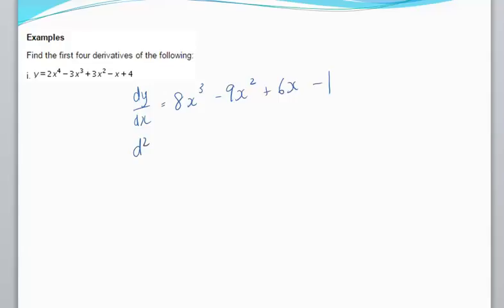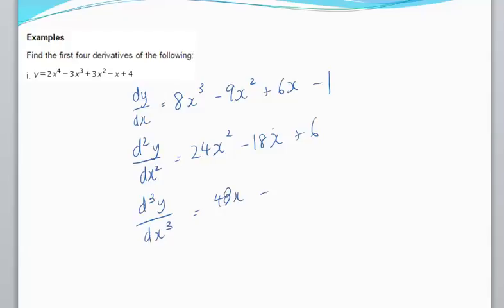Then our next derivative, we're going to end up with 24x squared minus 18x plus 6. And we're just following the same process again and again. So we end up with 48x minus 18, and our fourth derivative we'll end up with just 48 here.